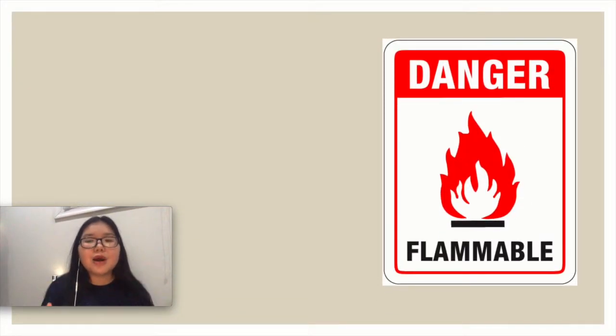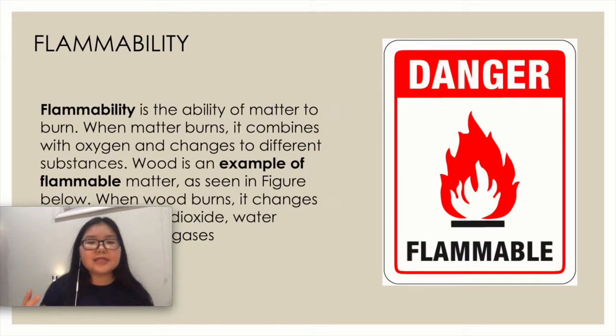So the final one is flammability. Flammability is the ability of matter to burn. Yeah, it's really easy, right? When matter burns, it combines with oxygen in the environment. Our atmosphere, the environment around us, is always surrounded by oxygen.